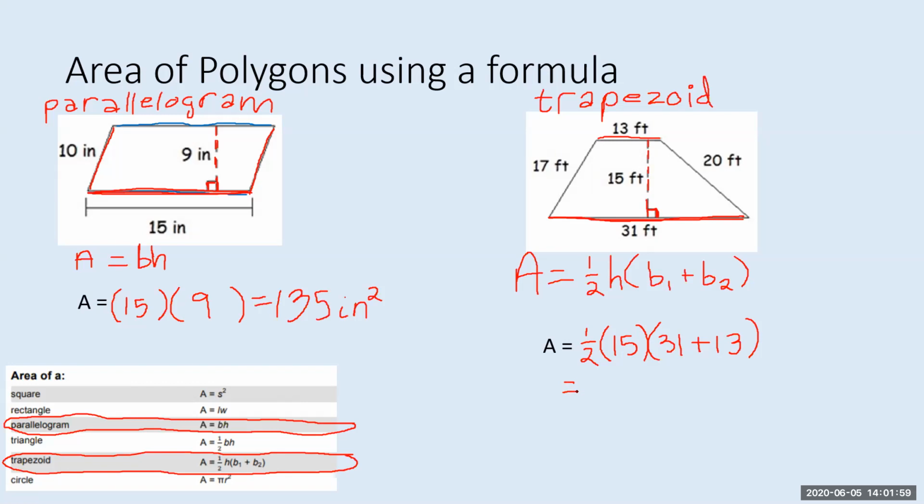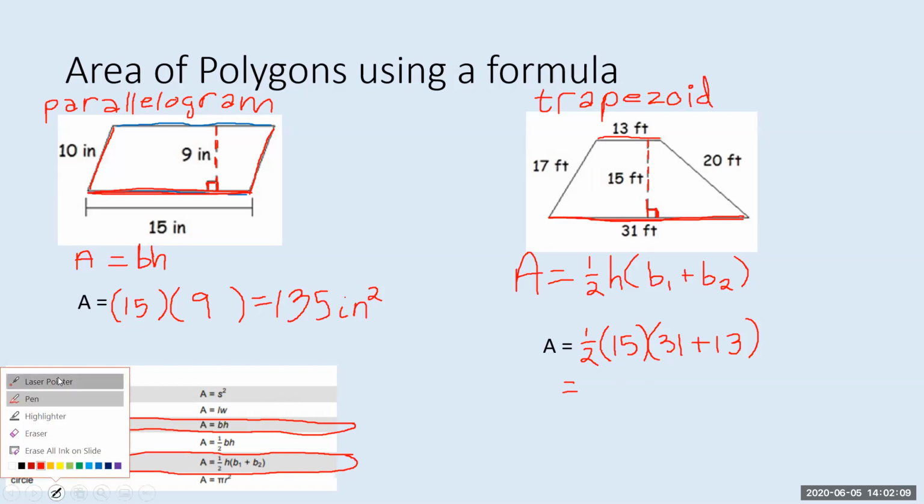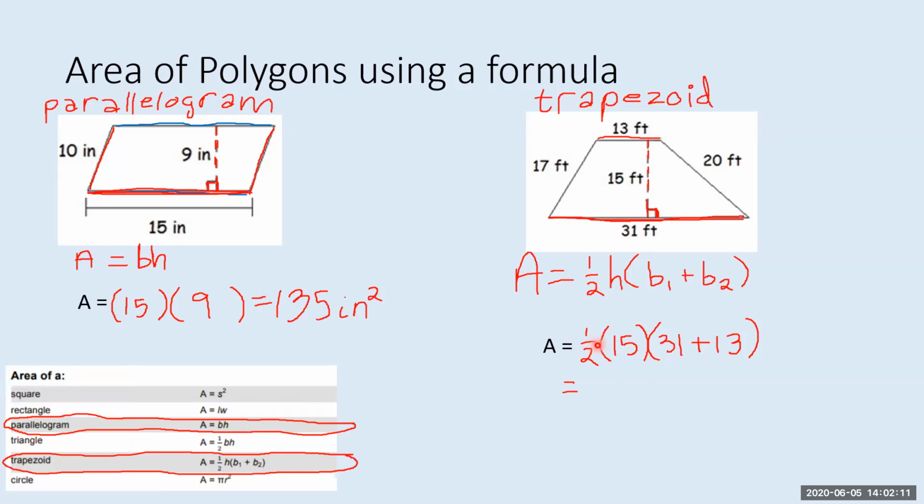So since this calculation has a little bit more to it, we want to be careful here, especially if we're doing this by hand. So we've got multiplication right here, 1/2 times 15 times, and then we've got addition inside parentheses. So I'm going to need to think about my order of operations.